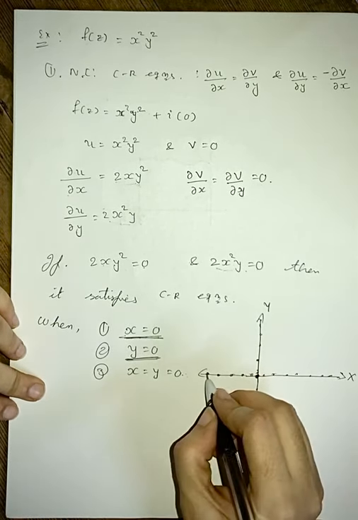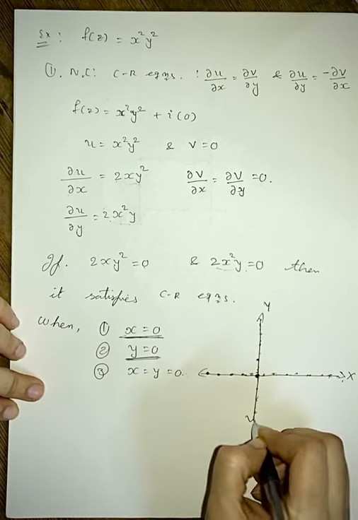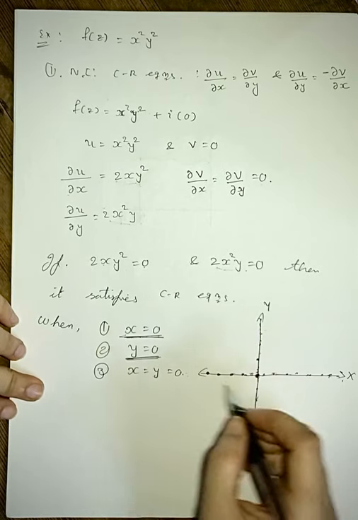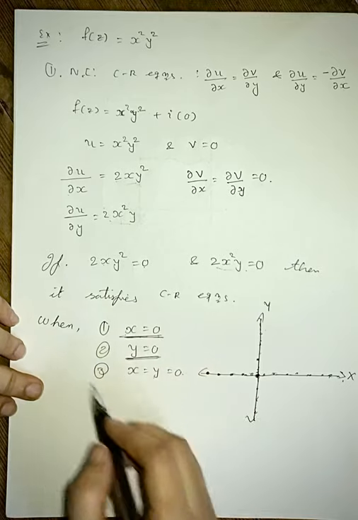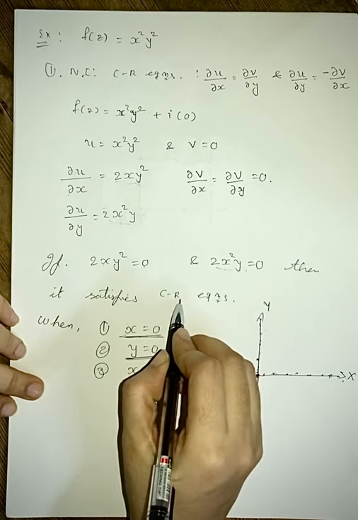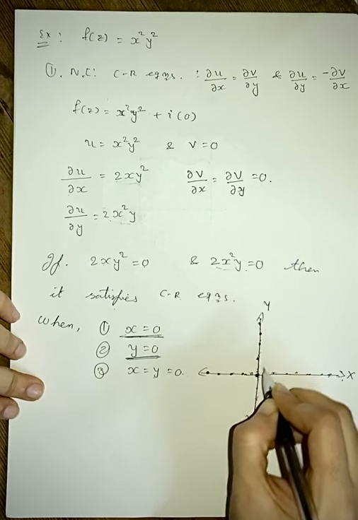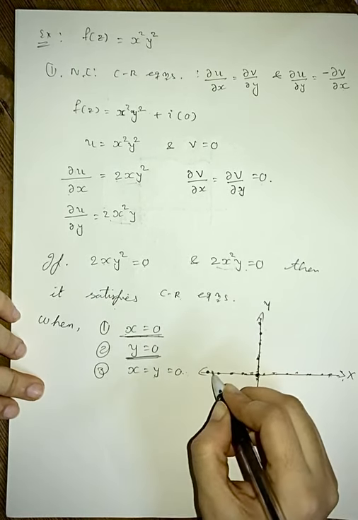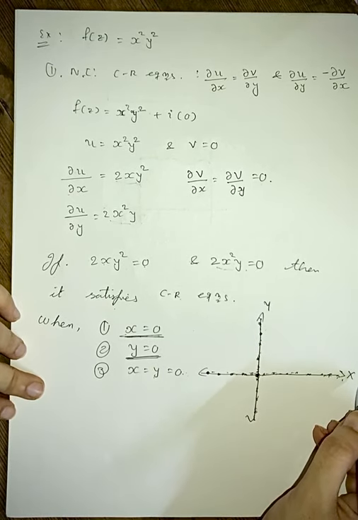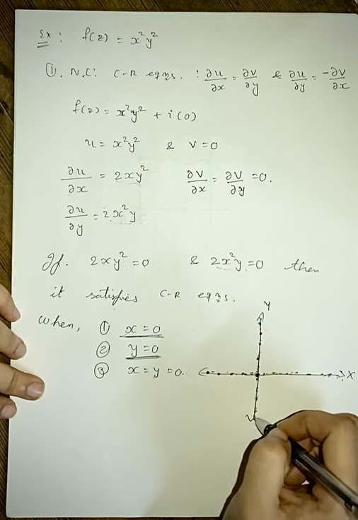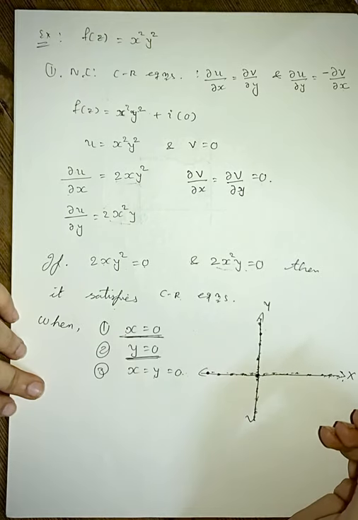So you see here that at coordinate axis we find such points, and that means that at these possibilities CR relations will be satisfied. That means only these coordinate axis containing points are such points which follow the CR equations, and therefore these points are the only possibilities for which the function could be analytic.